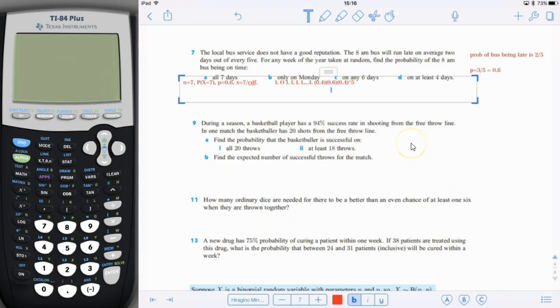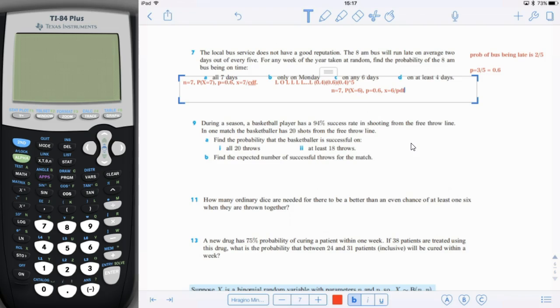So here we can use the binomial PDF, and we'll see why. We're going to have n trials, and we want the probability that we get exactly 6 successes, because we want 6 days on time. The probability, of course, is 0.6, p, and we're going to use x equals 6. We're going to use PDF because we want exactly 6, right?